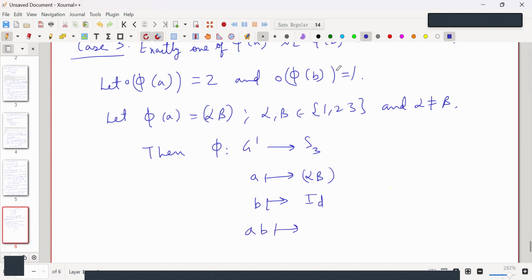AB will be mapped to the product, so this will be just phi A times phi B, which is alpha beta. So you can check that this will again be a homomorphism.